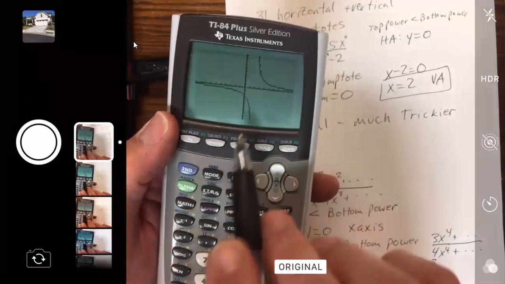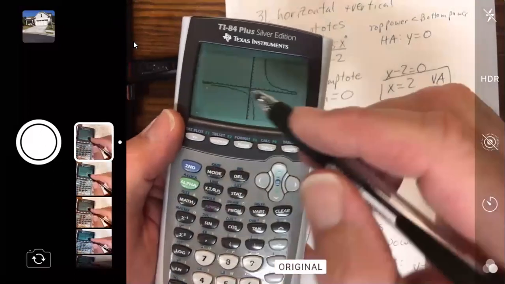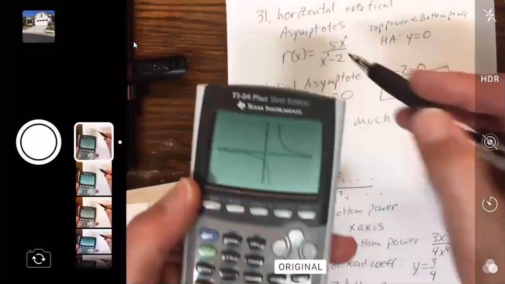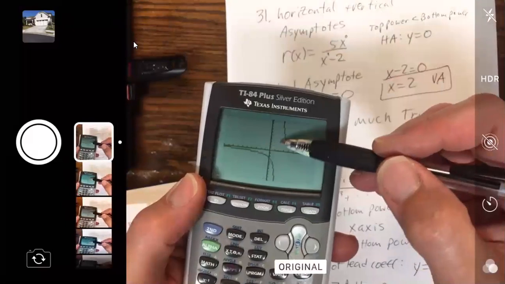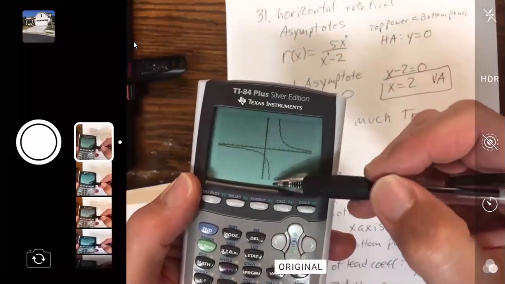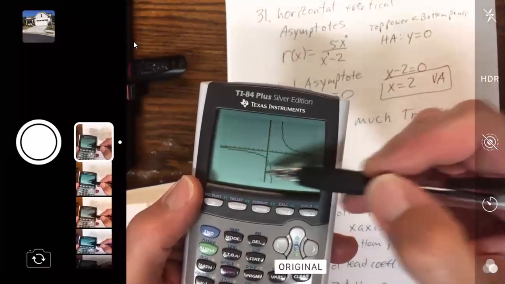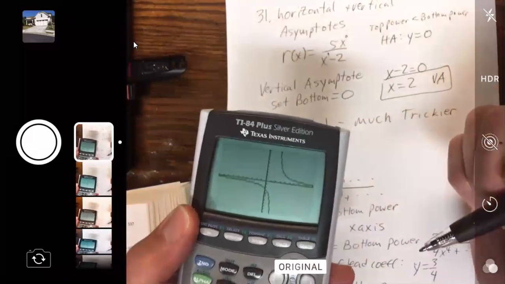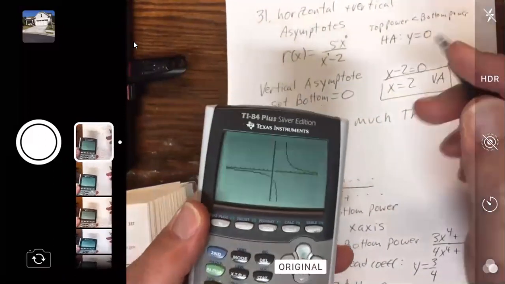And then your vertical asymptote, it doesn't show you this. That's why it's kind of important to be able to pick it off the formula as well. But yeah, x equals 2 is that vertical line, going right through x equals 2. So these lines are bending to x equals 2. Questions about that?